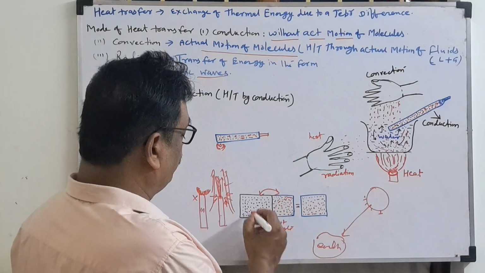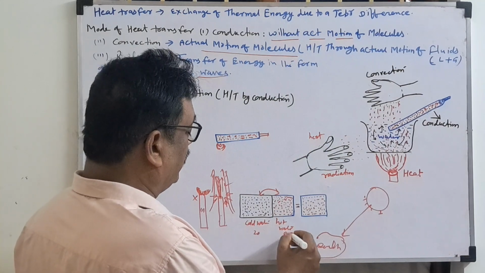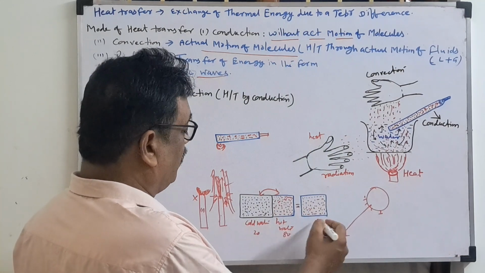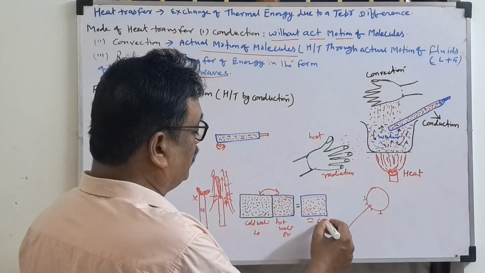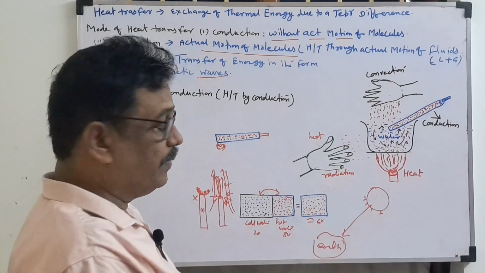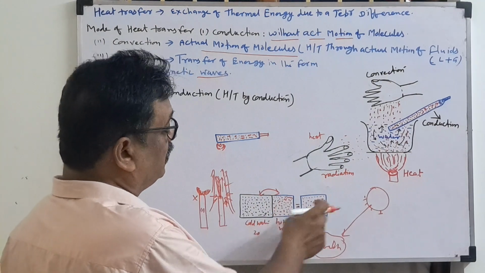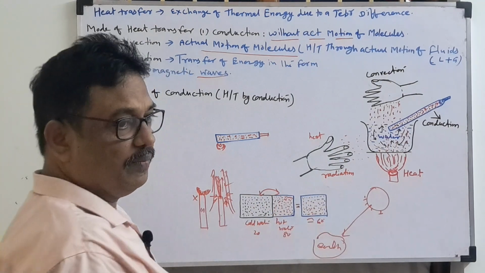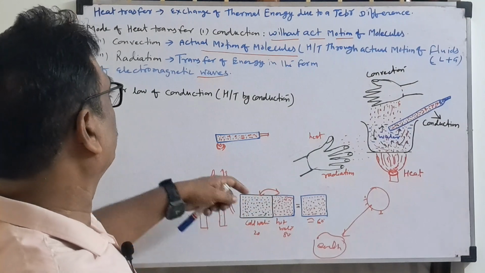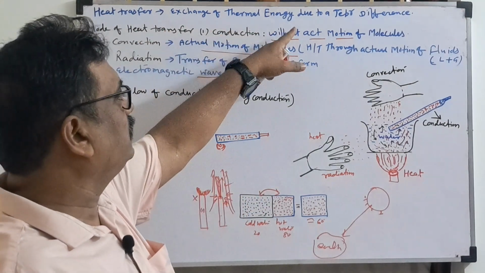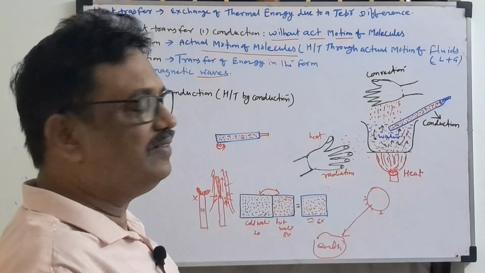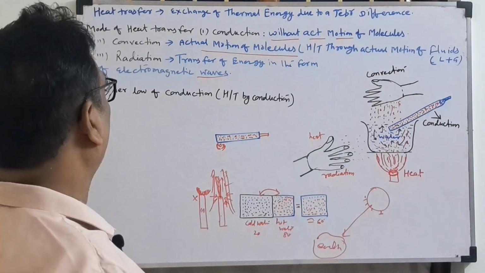Suppose this temperature is 20 degrees and this is 80 degrees. Finally, it will come to approximately 60 degrees. We cannot say exactly, but this will gain heat, this will lose heat, and finally it will come to equilibrium. This process is known as heat transfer. So exchange of thermal energy due to temperature difference is known as heat transfer. Okay, that is the basic.